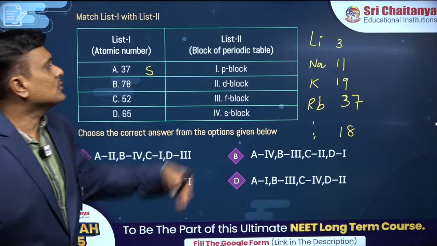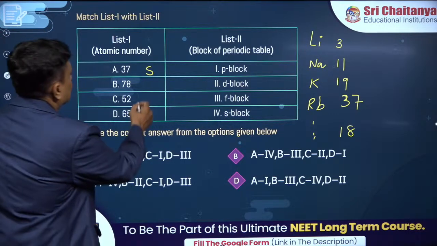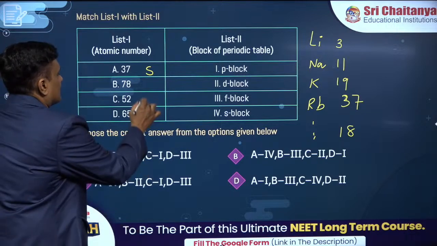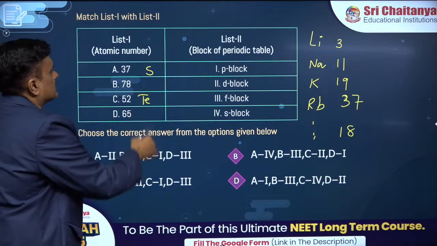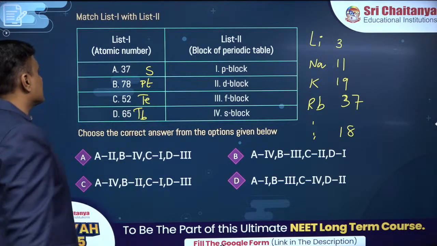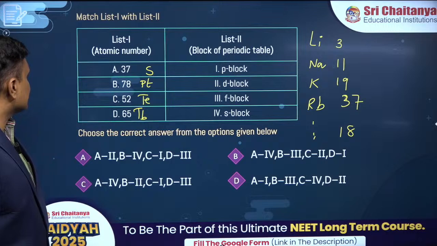So closer by it would be present, and it has been noticed that this is oxygen, sulfur, selenium, tellurium. All right, so likewise this is platinum and this is terbium. So like this we have to identify, and accordingly we need to write the answer.